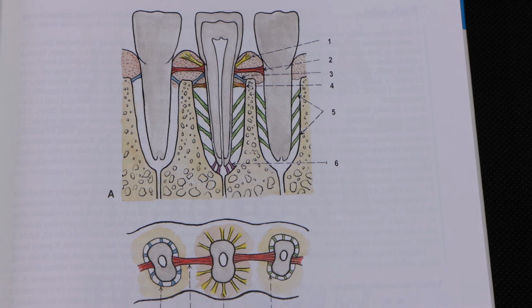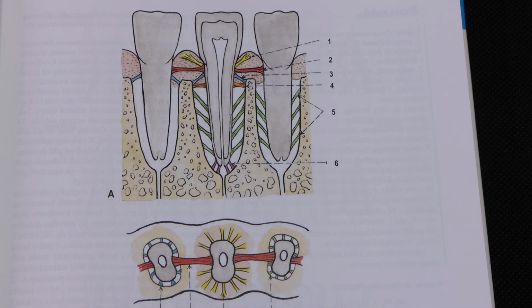It means the parodontium is composed of the gingiva, the alveolar bone, the periosteum of the alveolar bone, the ligaments that fix the tooth to the alveolar bone, and also the cement, because those ligaments attach to the cementum that covers the root and the neck of the tooth. So this is the general terminology, which is called parodontium.